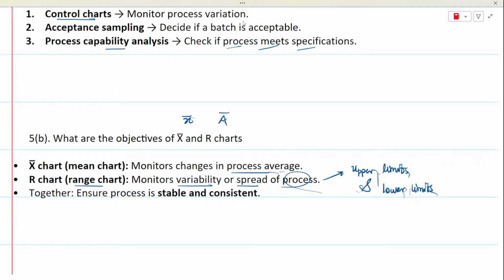Together they ensure the stability and consistency of the process.